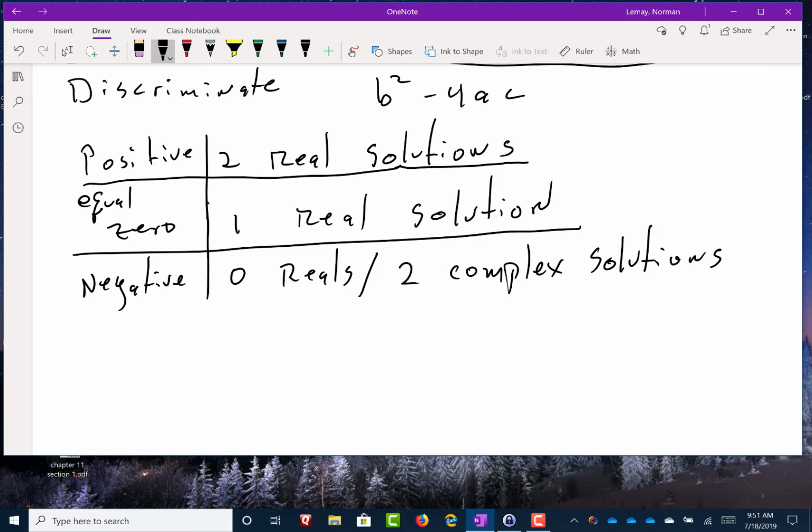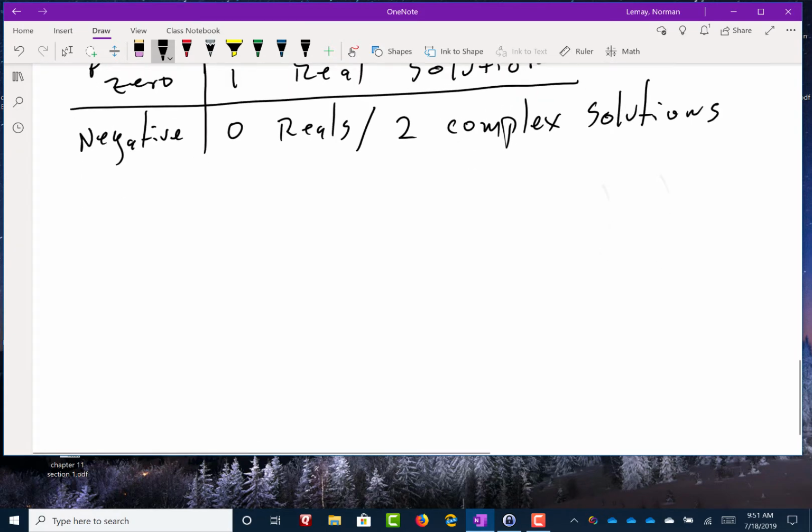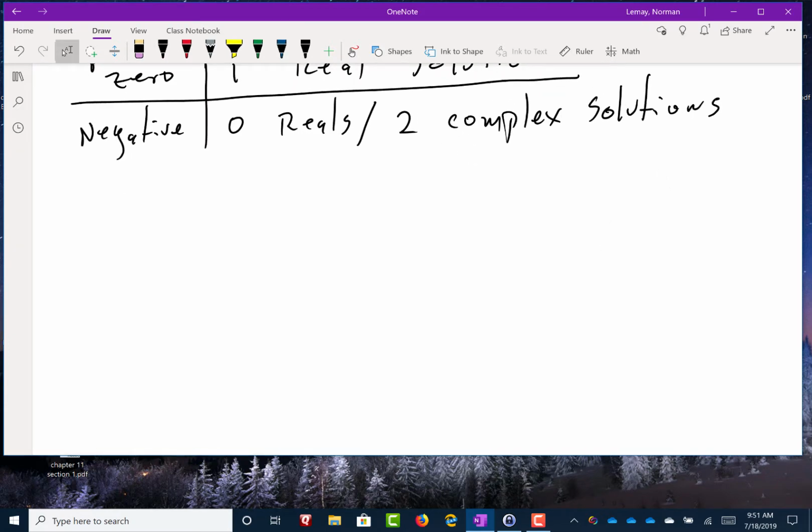Okay, so let's take a look at a couple of examples, and let's not use the quadratic formula, but use the discriminant to tell us the type and how many. So x squared minus 5 equals 0. So what do we get here? 9r squared plus 1 equals 6r.